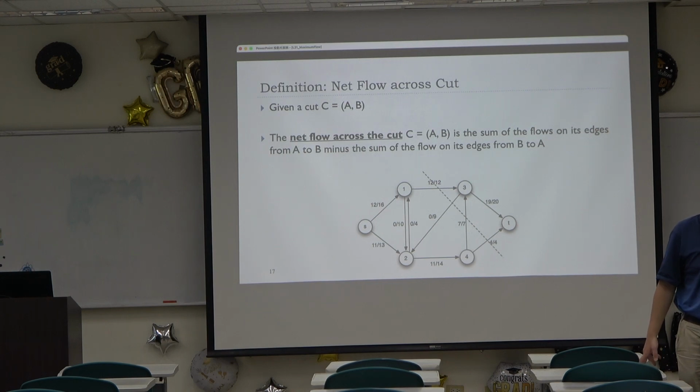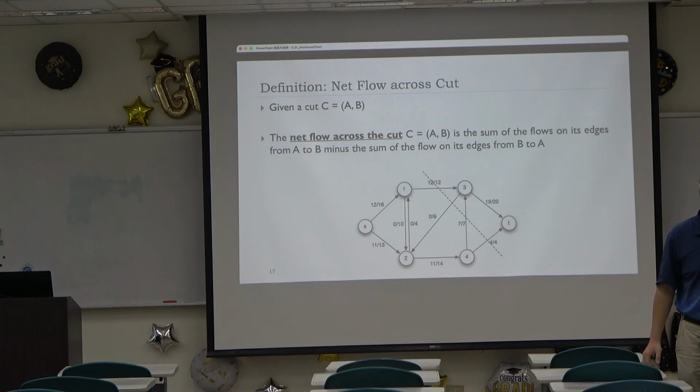Actually, it will be the total flow that node T receives, because we may still have an augmentation path. For this particular example, we don't have an additional augmentation path, so we already reached the maximum flow.